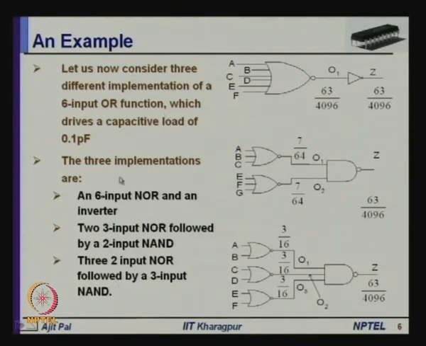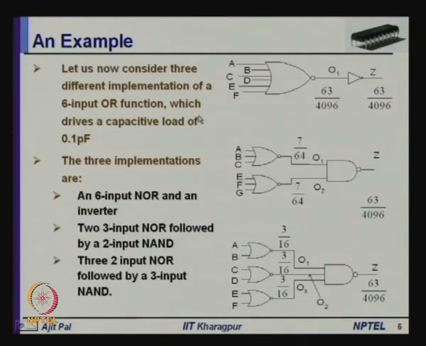Now, having discussed the switching power dissipation in static CMOS and dynamic CMOS circuits, let us take up an example. Here is an example where we have to realize a function.